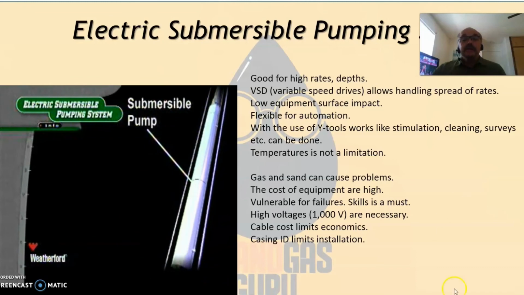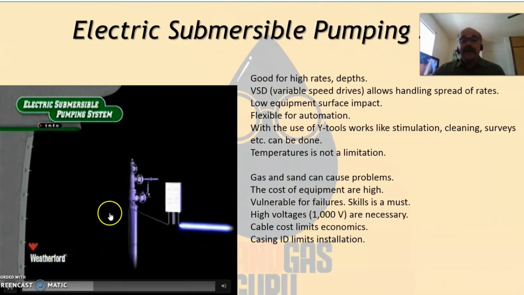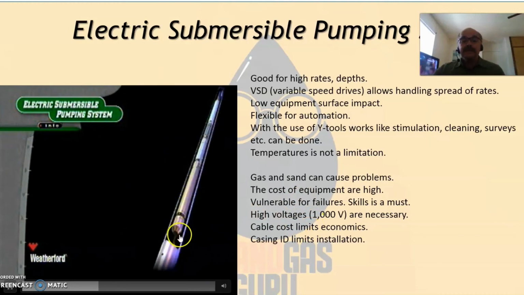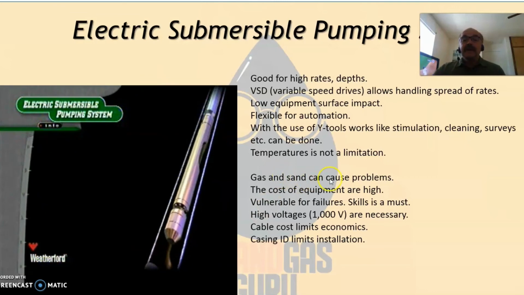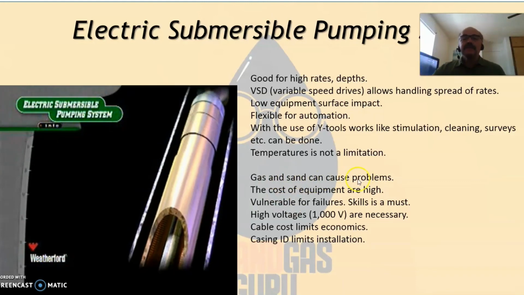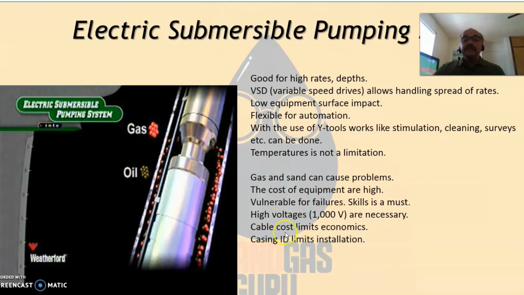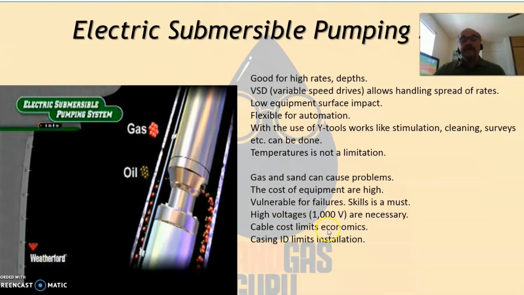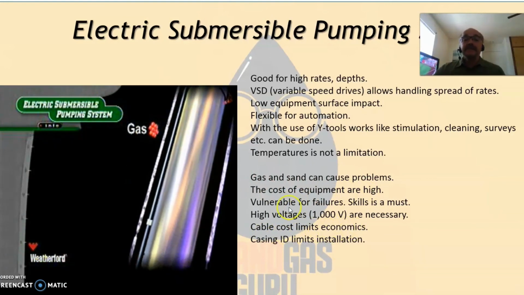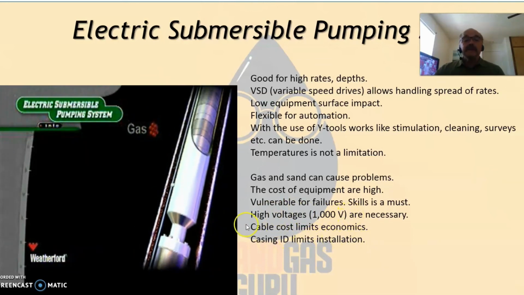It's very expensive because of the cables and the pump and the gas systems, everything there is very expensive. They don't like gas. They can handle gas, but if it's not present, it's much better. The cable cost limits the economics because of the depth. We need high voltages, and the size of the casing is also a limitation.